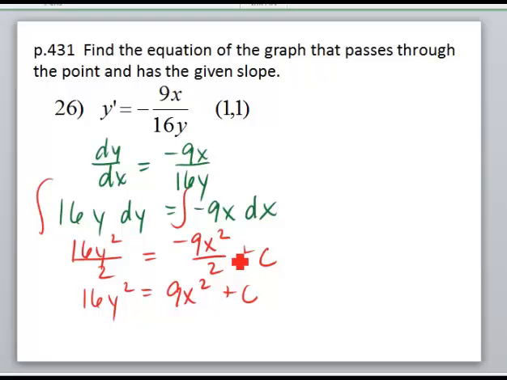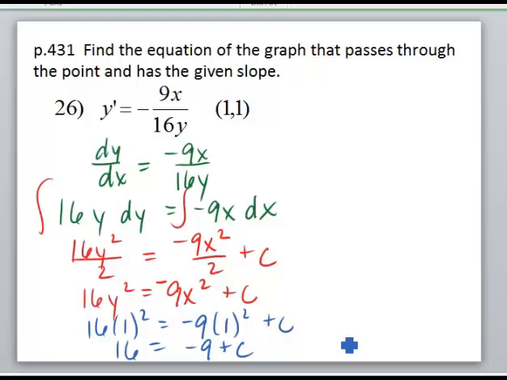And then use your initial condition. Plug in 1 for your y and 1 for your x. You get 16 equals negative 9 plus c. So c ends up equaling 25. And our particular solution ends up being 16y squared equals negative.